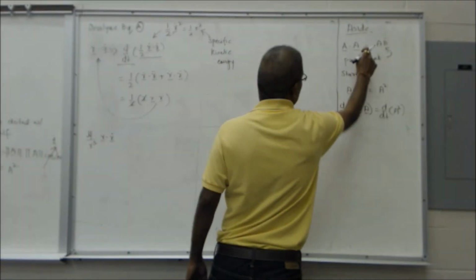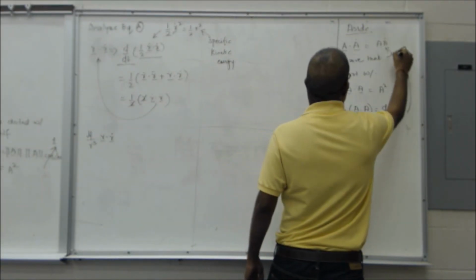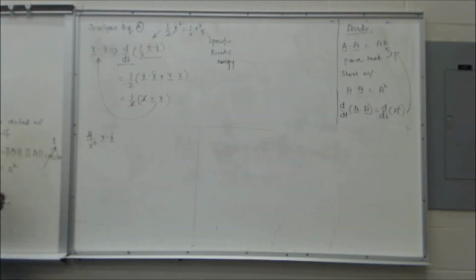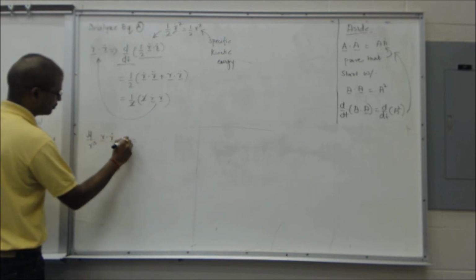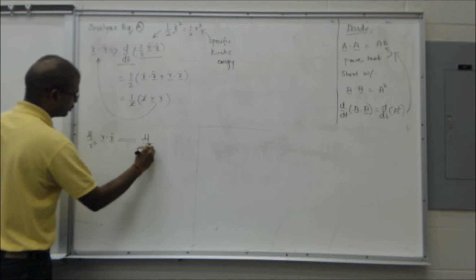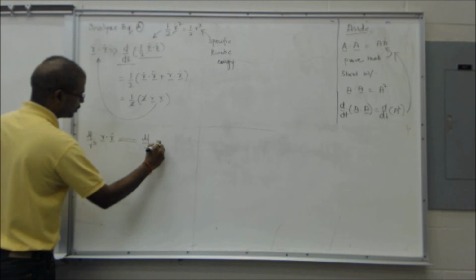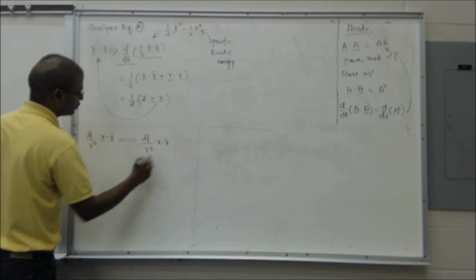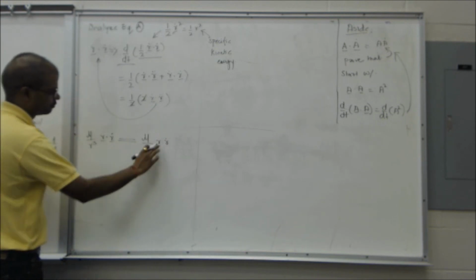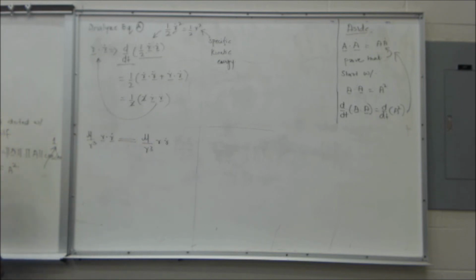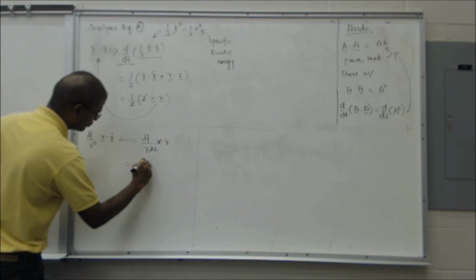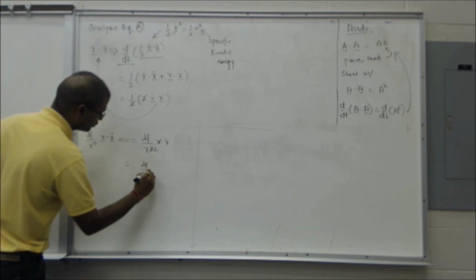We're going to use this relationship here. The vector dotted with its derivative can be written as mu over R cubed times R times R dot, scalar. So we have mu over R squared times R dot.